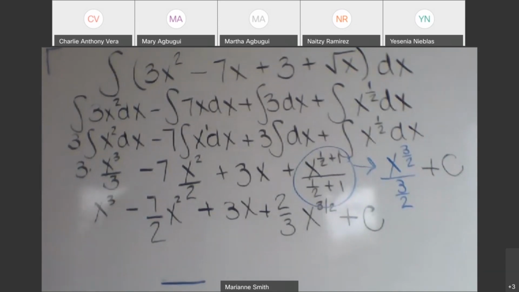Okay, so we'll take a look at other types besides just the power rule for integration. Remember, this is what we're going to use for polynomial functions, but as you know, there's lots of other types of functions out there. So we're going to move on to the other types of functions.